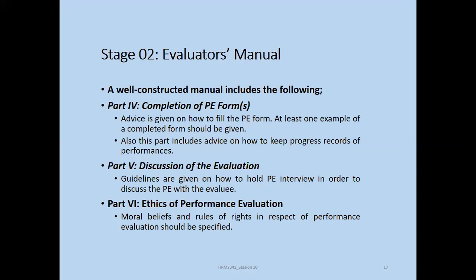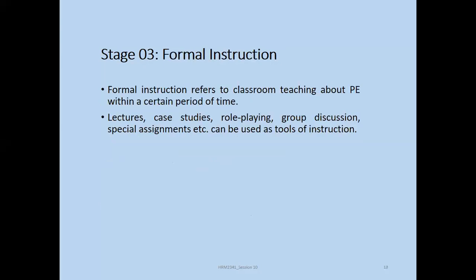That is very harmful to the organization as well as the employee's personal life. Therefore, some basic ethical elements we need to follow in our performance evaluation process, and we can explain ethical aspects by using this part of the evaluators manual. There are 6 parts I explained. You can include them in your evaluators manual.